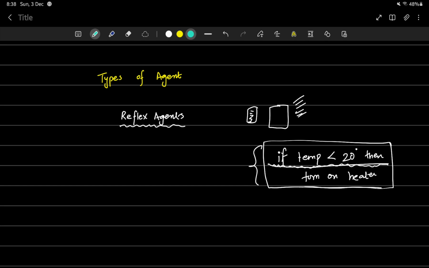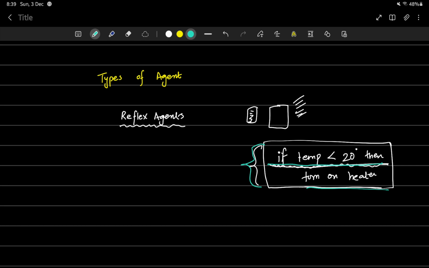You don't want it to always stay hot, or stay hot for a long time. So it won't care, because it just knows this thing. That's it. So it doesn't care about future consequences or overall context. It just says, is this condition being fulfilled? If it is, do this. That's it. So this is a reflex agent.